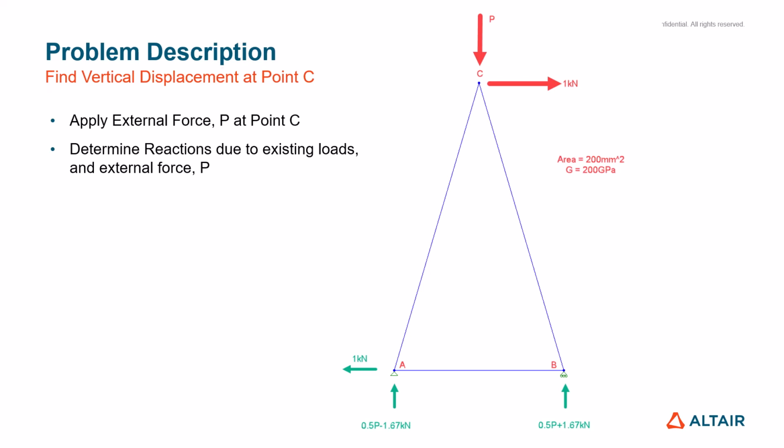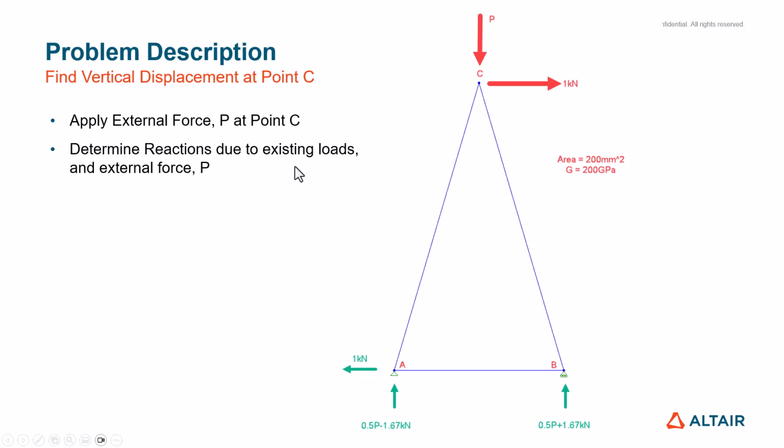Now, in order to follow through with Castigliano's theorem, we need to apply a force at the point in which we want to determine the displacement. So that force is going to be equal to P, we're just giving it the value P for now, at point C. Again, we're looking at the vertical displacement, so we want that to be going in the vertical direction.